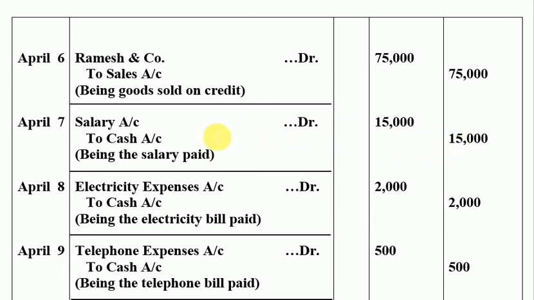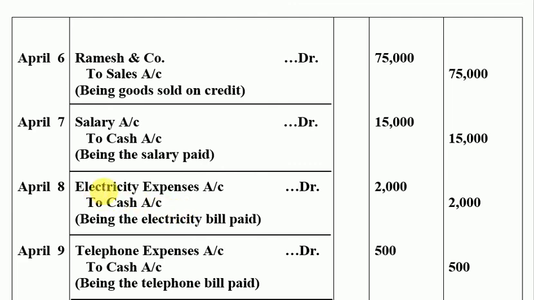Here also we know very well that whenever expenses increase, that will be recorded on the debit side, and cash is an asset for us and it is decreasing, that's why it is going to be recorded on the credit side. Got it? Now comes April 8, the transaction is paid electricity bill. The business is paying electricity expenses, and the entry will be electricity expenses account debit to cash account.